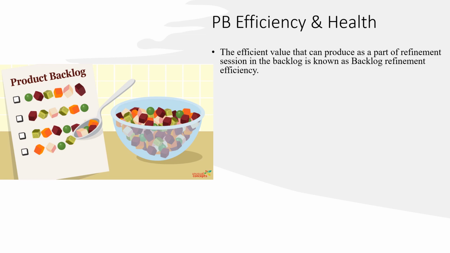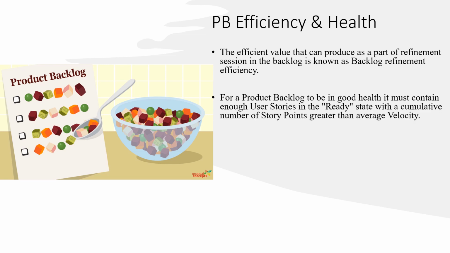I will explain this clearly in the next slide with some good examples. For a product backlog to be in good health, it must contain enough user stories in the ready state with a cumulative number of story points greater than average velocity. What does that mean? I will explain these points in detail in our next slide.